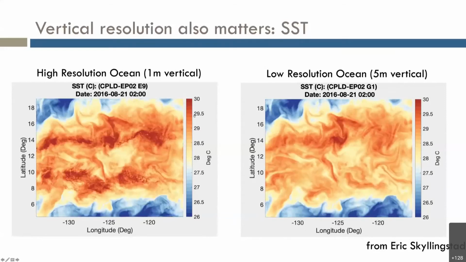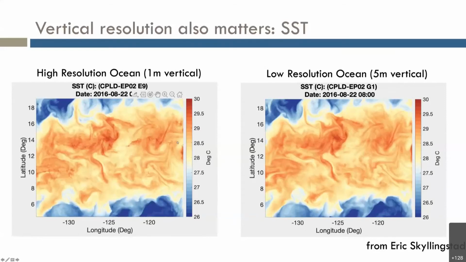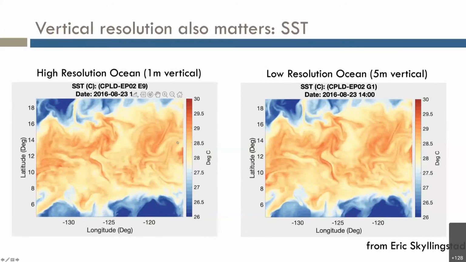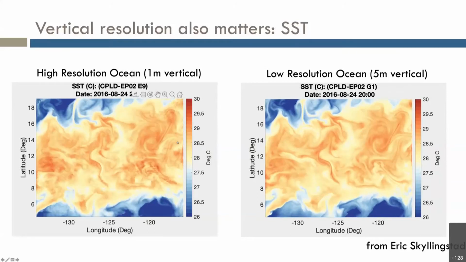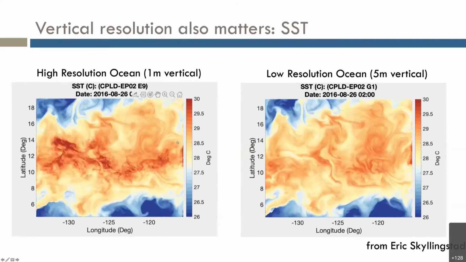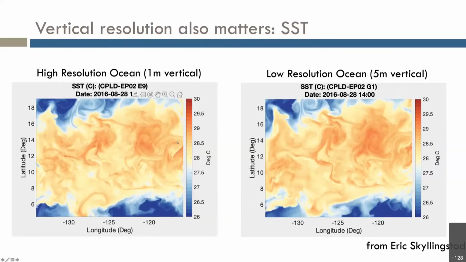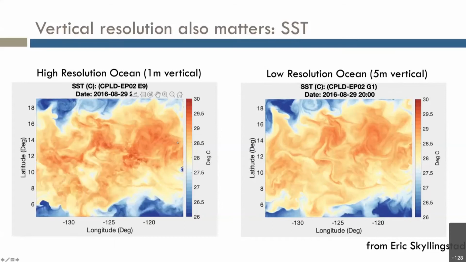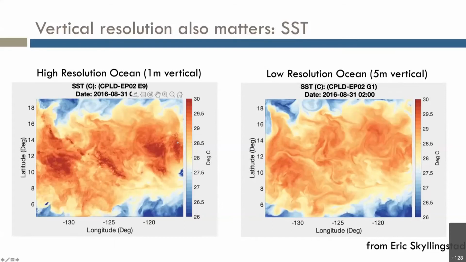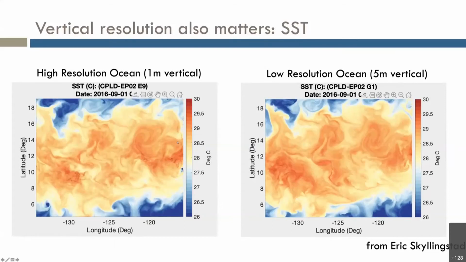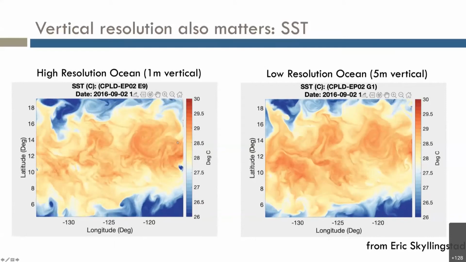And you can just see the sea surface temperature. Diurnal warming is much more visible at higher resolution, because in this case you're essentially keeping the solar radiation where it's being absorbed near the surface, rather than in the 5 meter resolution where it's getting mixed out and placed into a much deeper column of water.